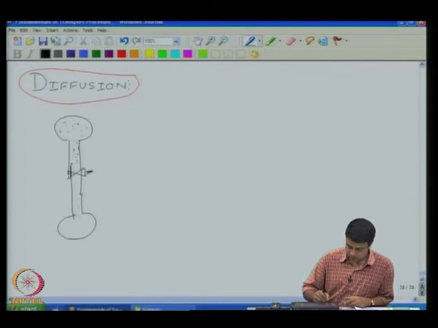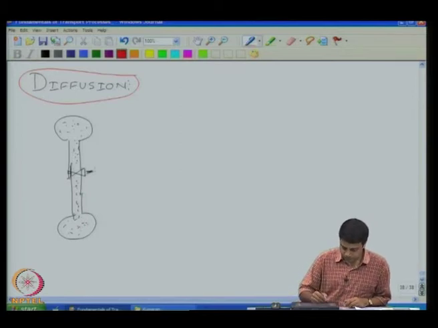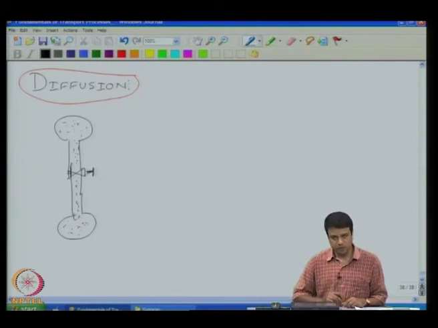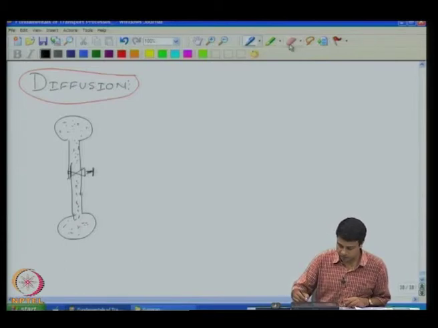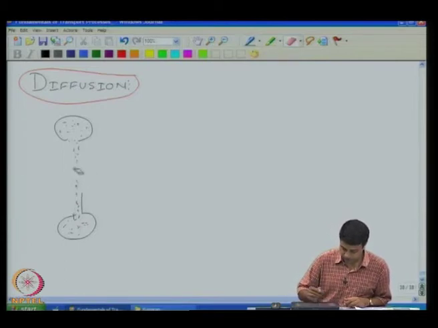This one was filled with molecules of the same gas, but with a little bit of aromatic molecules added in, here and there. Initially the two compartments are separated, but at some time you remove this separation between the two compartments.